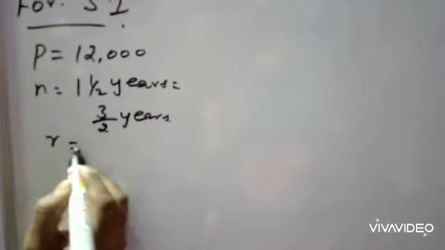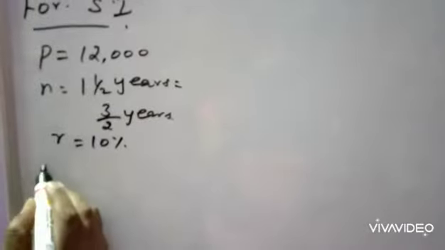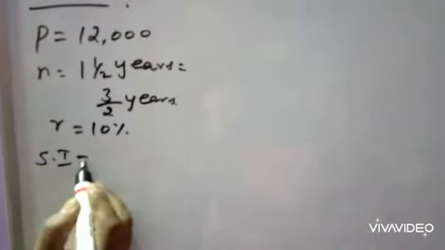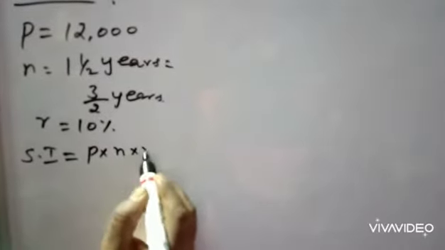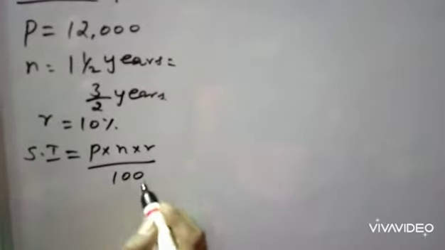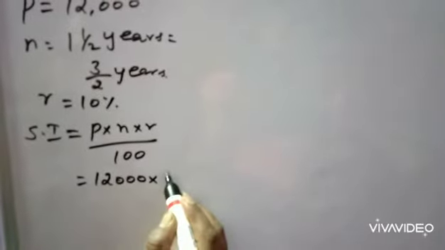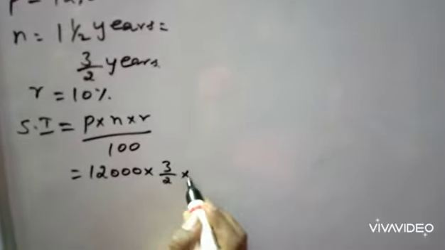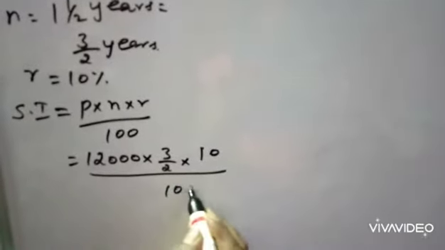Rate of interest equal to 10% per annum. So now the formula: simple interest equal to P into n into R by 100, equal to 12,000 into 3 by 2 into 10 divided by 100.